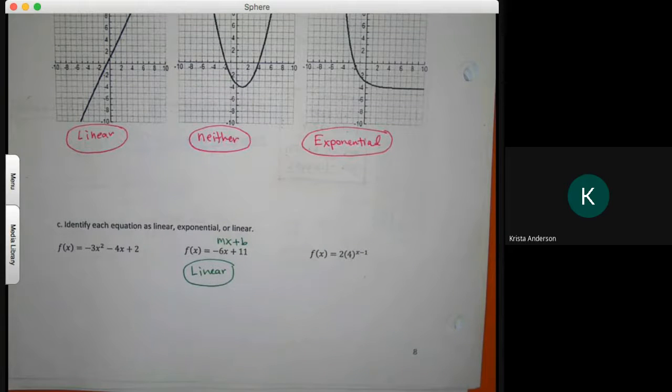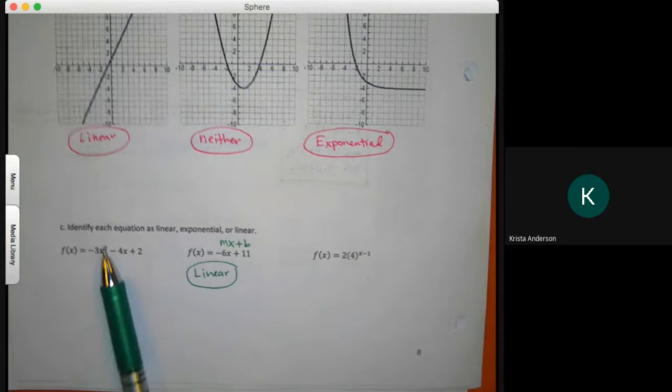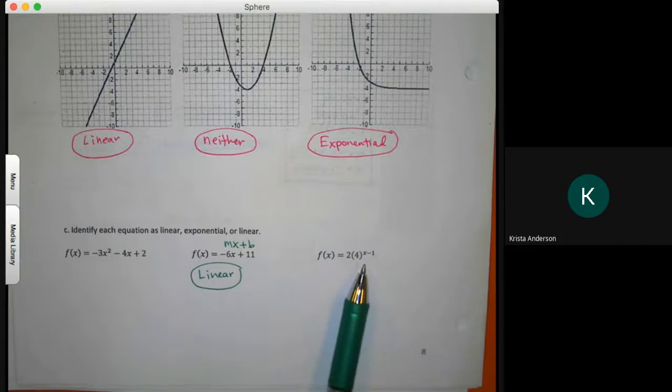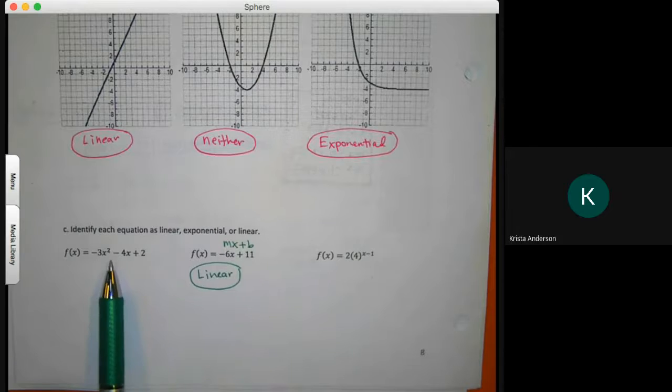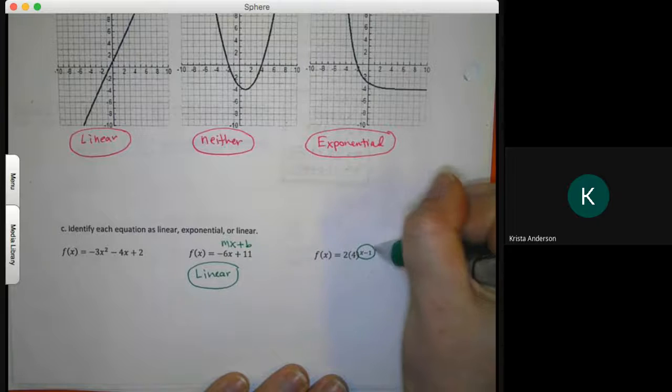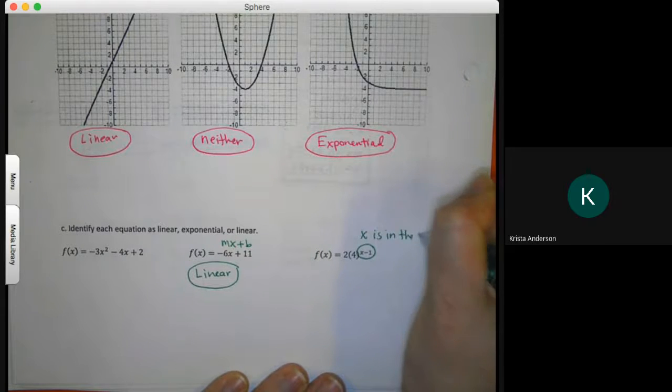Which one is the exponential one? This one's tricky because both of these have powers. The last one. Why would the last one be exponential and not this one? Because in x minus 1, x is in the power. Exponential.